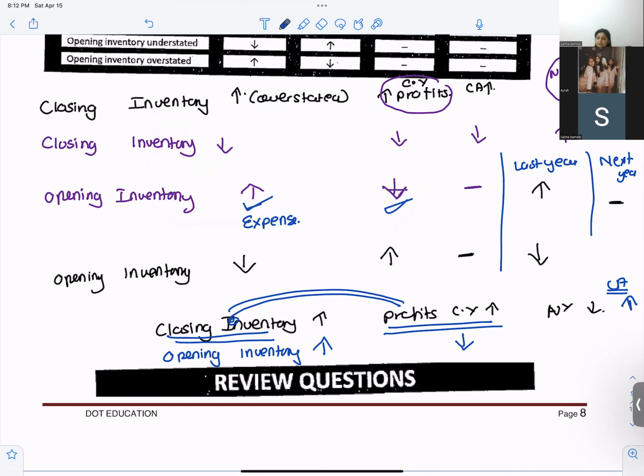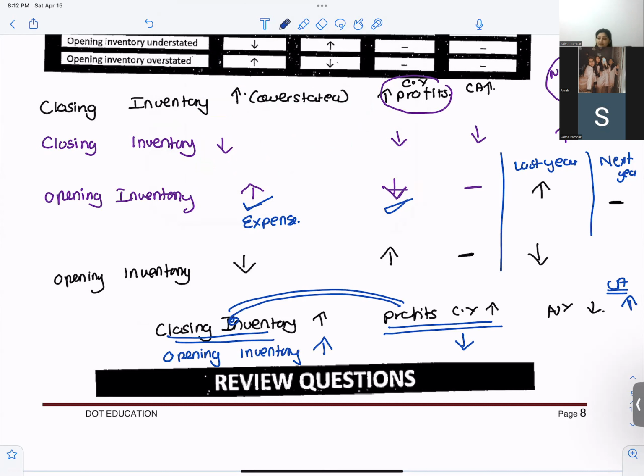Yeah. So can we repeat: if closing inventory is overstated, my profit for the current year will be overstated. My current assets will also be overstated. And my next year's profit will be understated. If opening inventory is overstated, my profits of the current year will be understated.